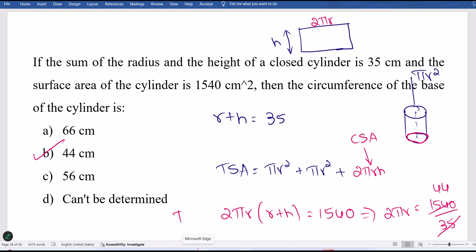Total surface area means 2 pi r into r plus h only. So as r plus h is there, we can directly calculate 2 pi r. No need to calculate the r value first. The question is regarding the circumference of the base of the cylinder. The base is a circle, so its circumference is 2 pi r. We can get it directly.